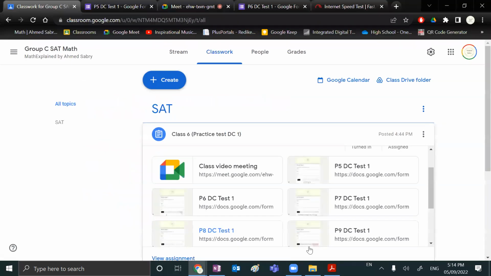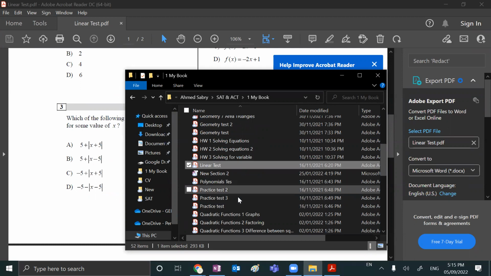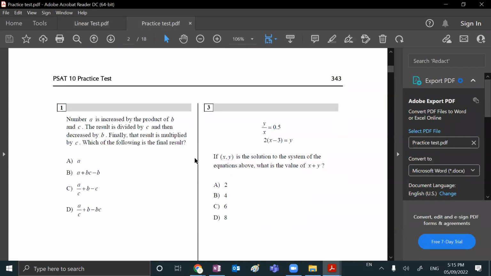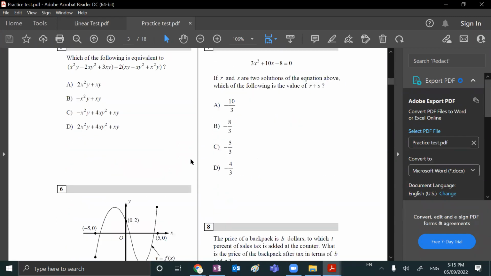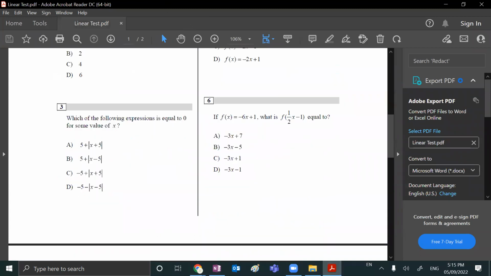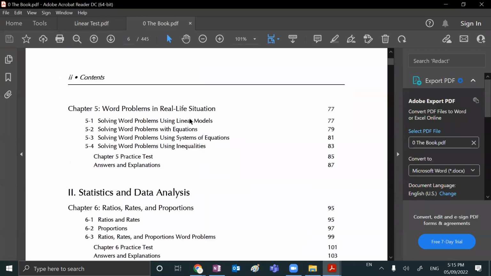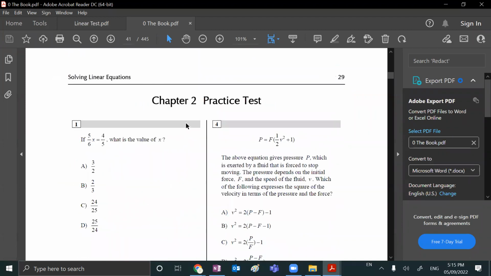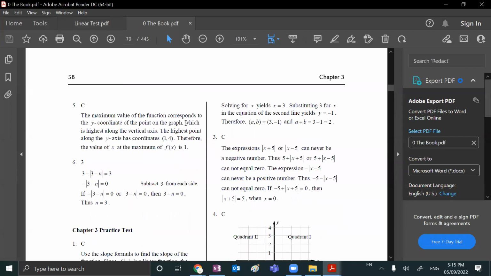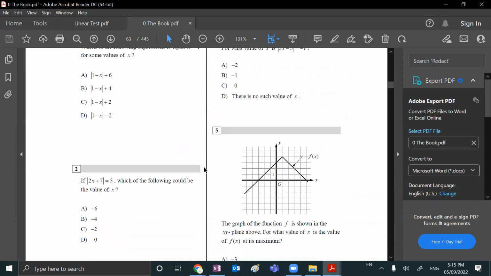There's another one. Let me quickly grab it. No, I think it was in the book itself. Yeah, this one. This whole page.